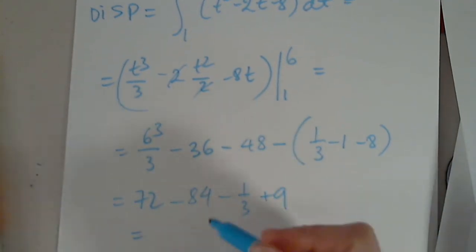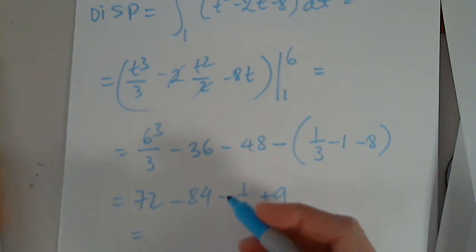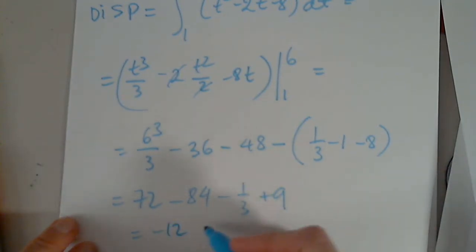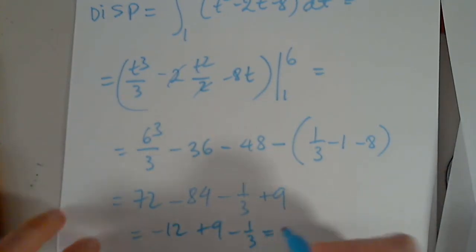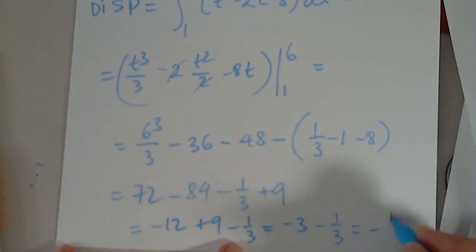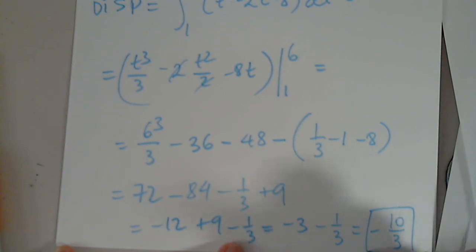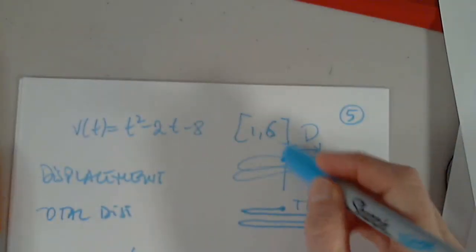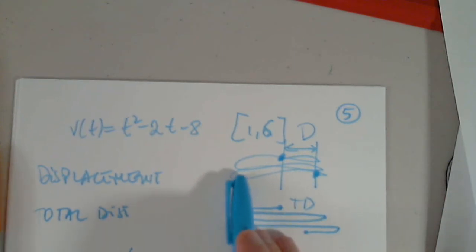So 72 minus 84 is negative 12, plus 9 is negative 3, and minus 1/3, negative 10/3. Which means that the particle started here and ended somewhere here.